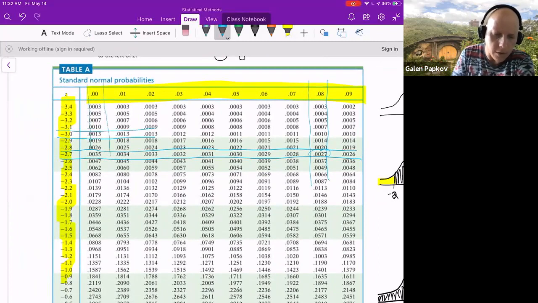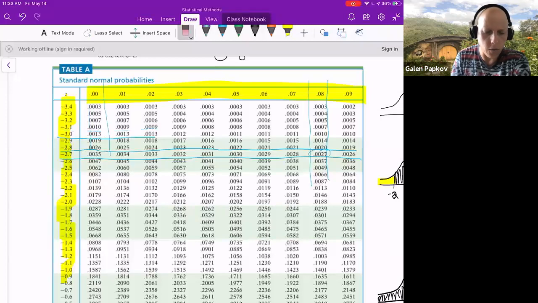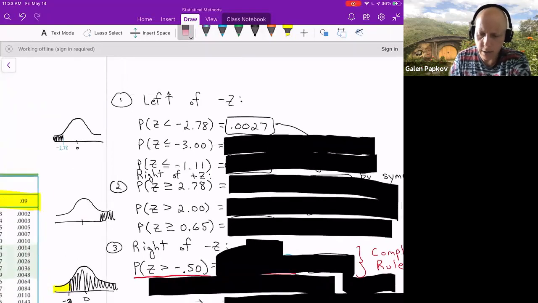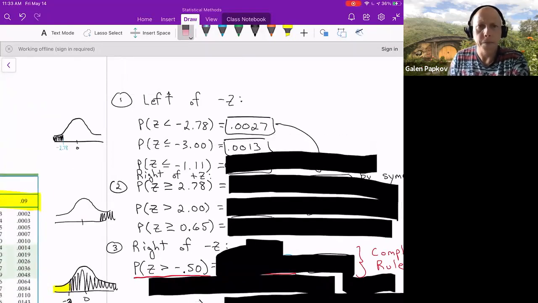The 0 column is that first one. And so I've got the answer of 0.0013. So let's go ahead and make sure. Bingo.